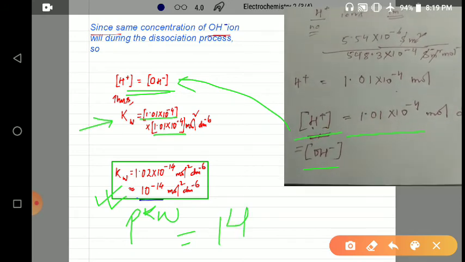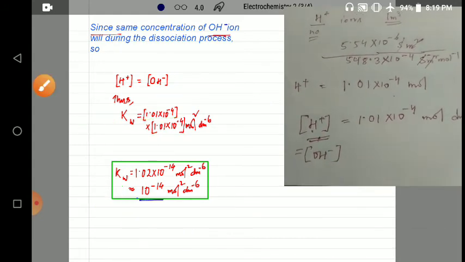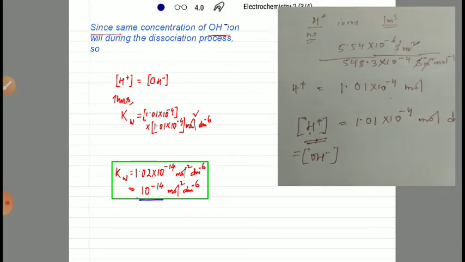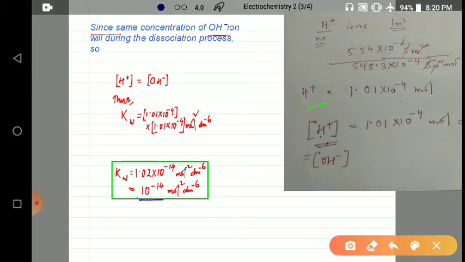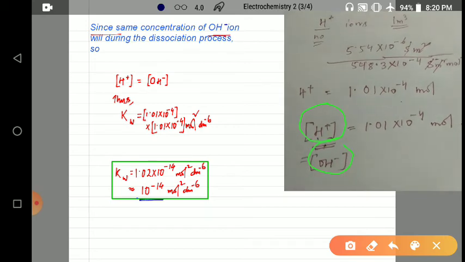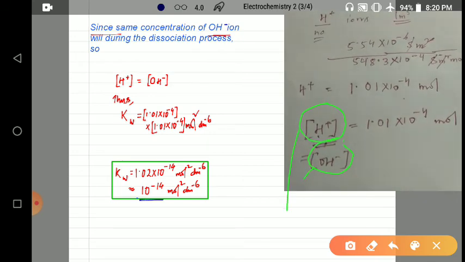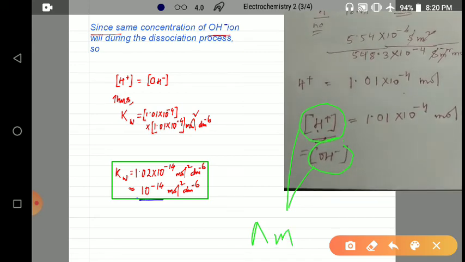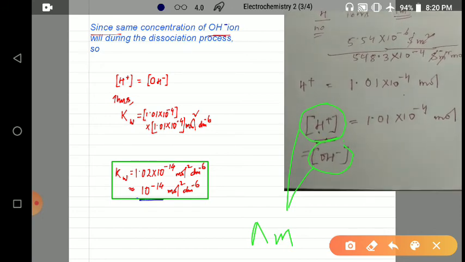So this is one application, the application of conductance measurement. The H positive concentration can be calculated from conductivity, which is the value of lambda m and the conductance of water present in the 1 meter cube box.